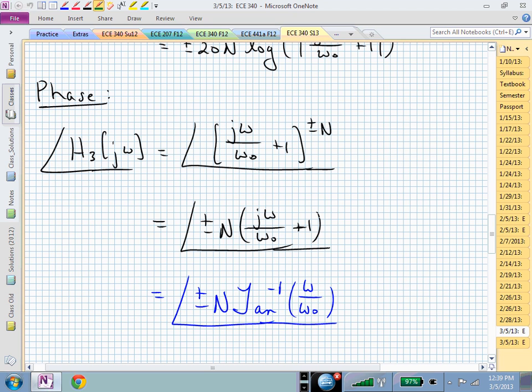And the angle of this complex number is just the imaginary part over the real part, but since we've normalized the real part to always be 1, we're simply going to have the inverse tangent of this imaginary piece, omega over omega naught. Omega naught is the fixed pole location, or the break frequency. Omega is what is varying.